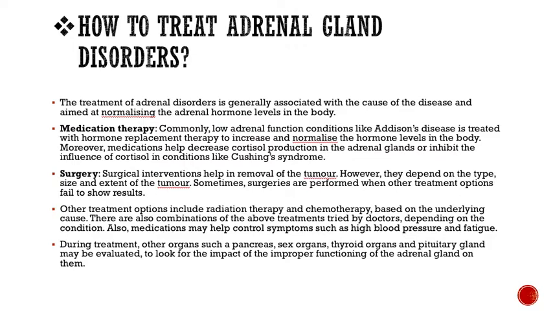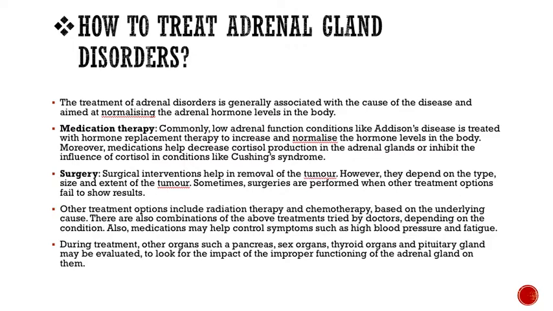Surgical interventions help in removal of the tumor. However, they depend on the type, size, and extent of the tumor. Sometimes, surgeries are performed when other treatment options fail to show results. Other treatment options include radiation therapy and chemotherapy. Based on the underlying cause, there are also combinations of the above treatments tried by doctors depending on the condition.